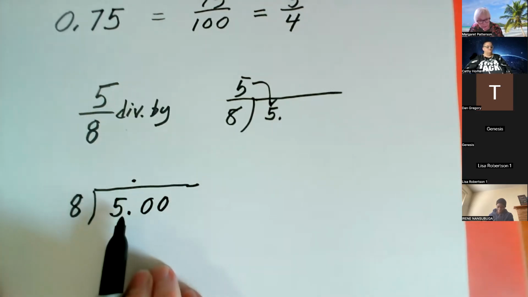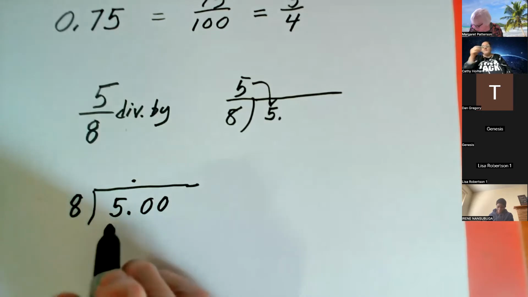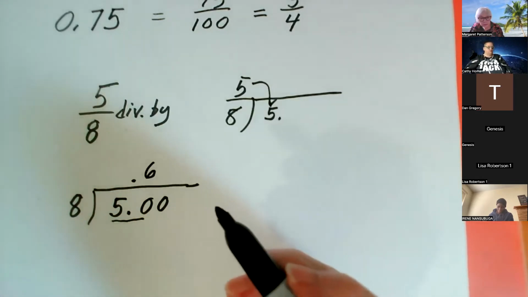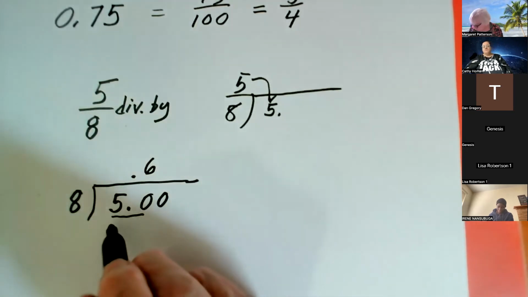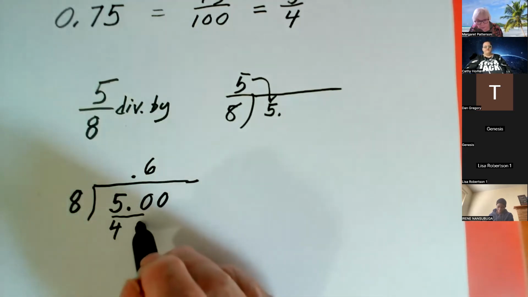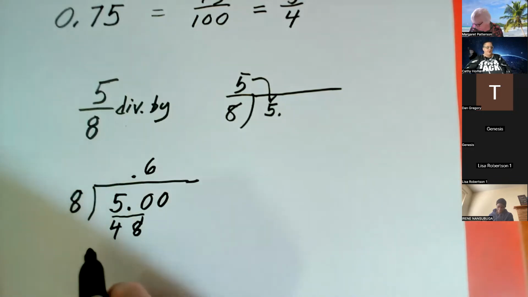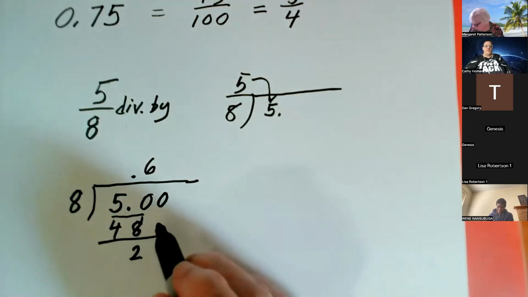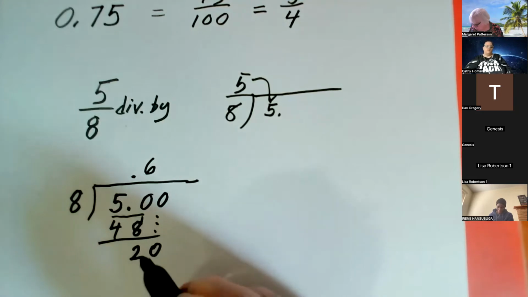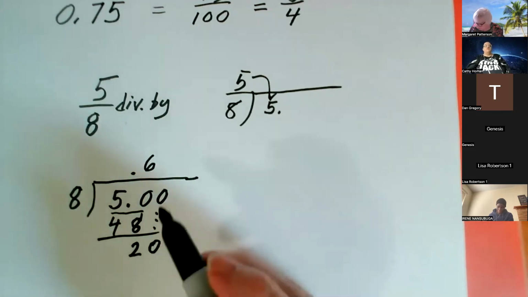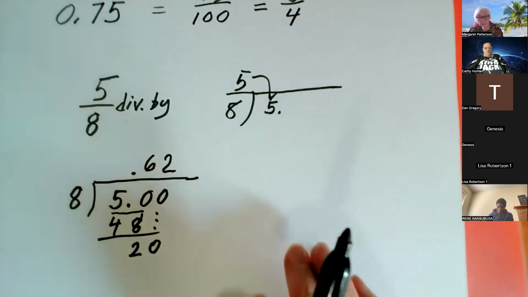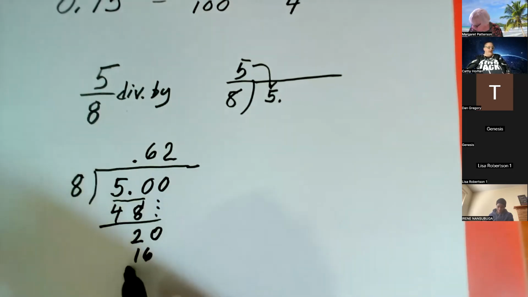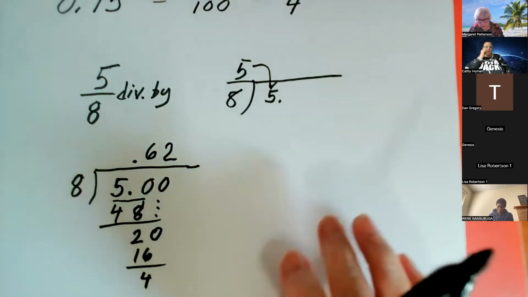8 into 5 doesn't go, but it does go into 50. 8 times 6 is 48. Subtract, get 2. Bring down. 8 into 20 goes twice. 2 times 8 is 16. 4 left over.